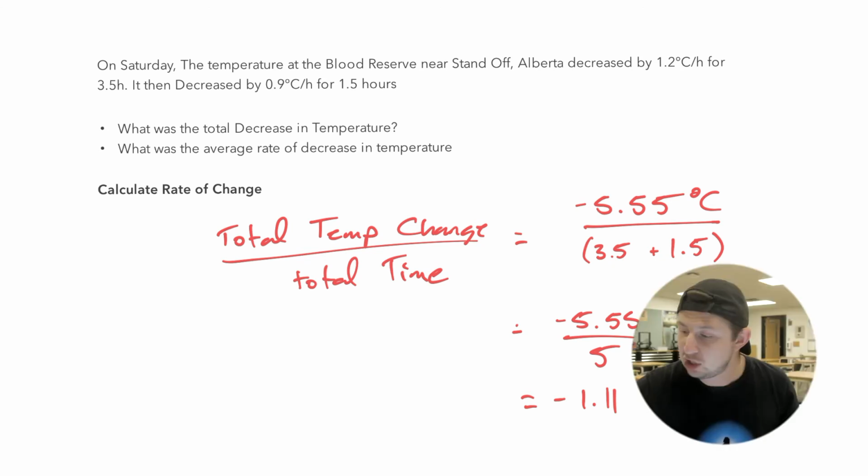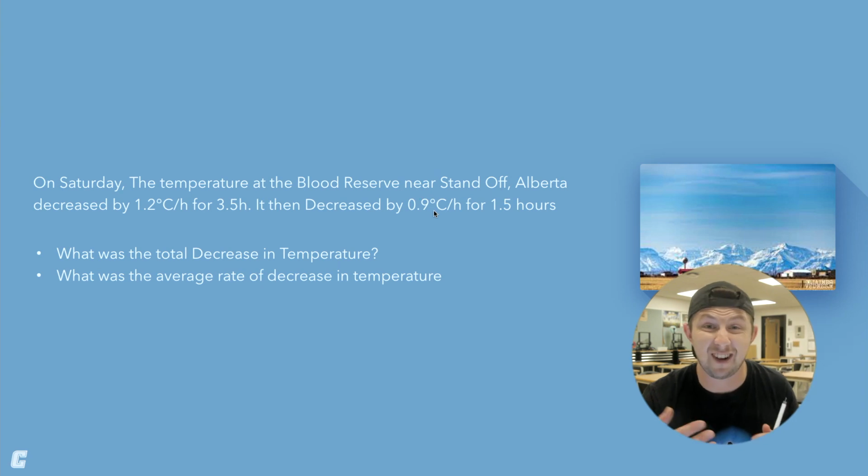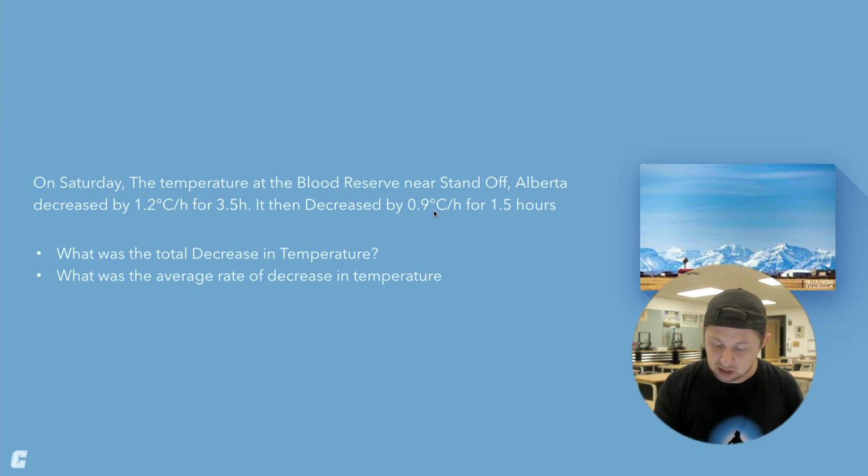Now, I want you to just remember, throughout the course of this problem, let's go back and look at the problem here, we had two rates of change, all right? We had this rate of change here, where we were talking about 1.2 degrees Celsius for that first segment, and then 0.9. So what we were doing was calculating the average, all right? So the average rate of change is 1.11 degrees Celsius per hour.